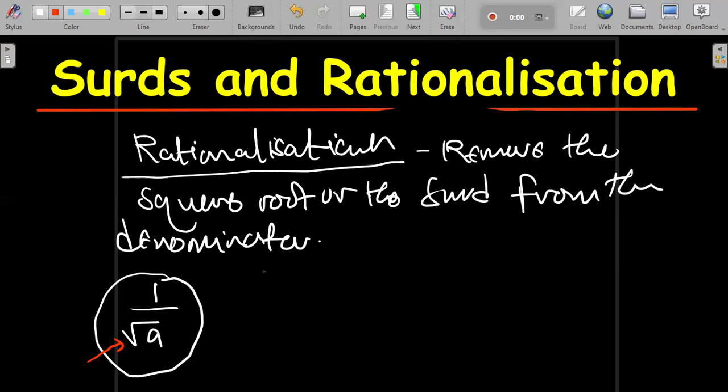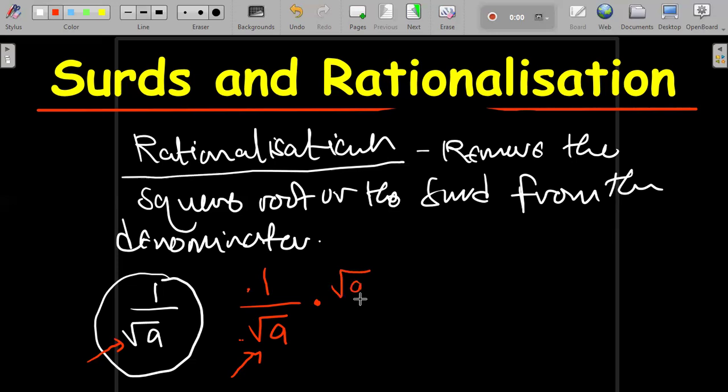So 1 over the root of a, multiplied by something. If in your denominator you have just a single root like that, not added to anything, just root of something, the conjugate of this is the same thing. So we're going to multiply both the numerator and the denominator by the root of a.